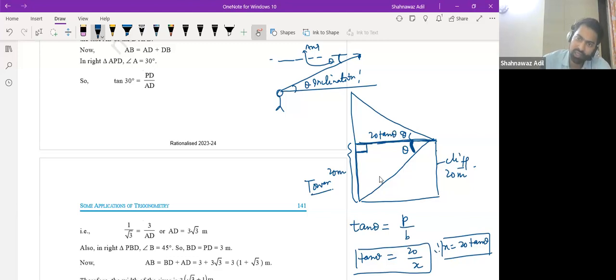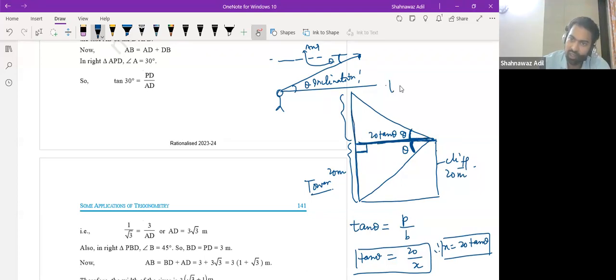Okay. Now we have to find out what this height is, right? So this height, how can we find that? Again, this is my theta. So this is my base, and this is my perpendicular.